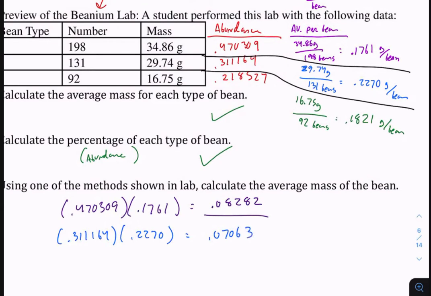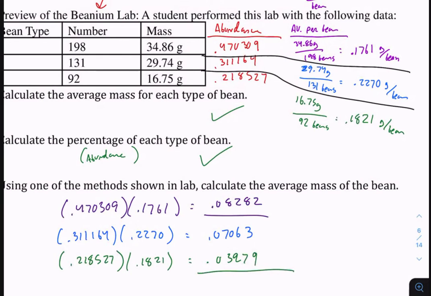That gives .07063, and then for the last, our abundance was 0.218527, and the average was 0.1821. That gives .03979.